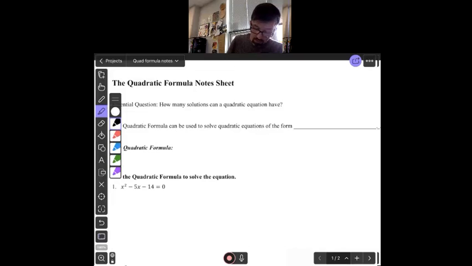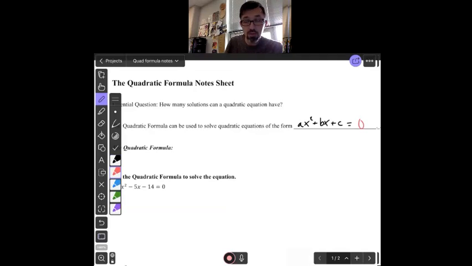So the quadratic formula can only be used on equations that are in the form ax squared plus bx plus c equals 0. It does need to be equal to 0 in order for us to use the quadratic formula. There are a couple other restrictions. Of course, a cannot be 0, because if a was 0, then there'd be 0x squared, and it wouldn't be a quadratic. And then you're like, why are you trying to use a quadratic formula if it's not a quadratic?